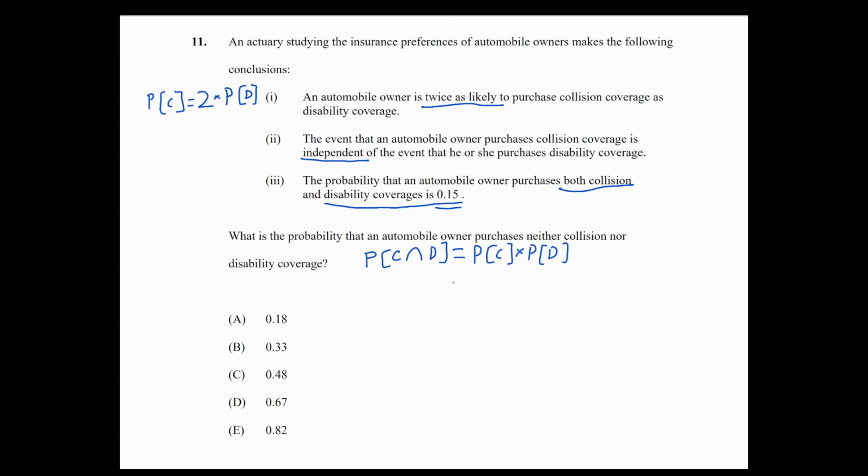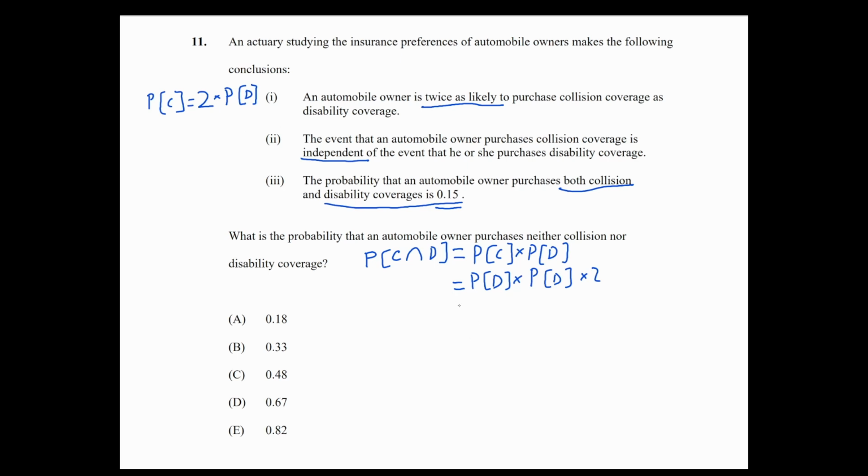So this is going to equal probability of D times probability of D times 2, because we are filling in the fact that the probability of C is 2 times P(D).